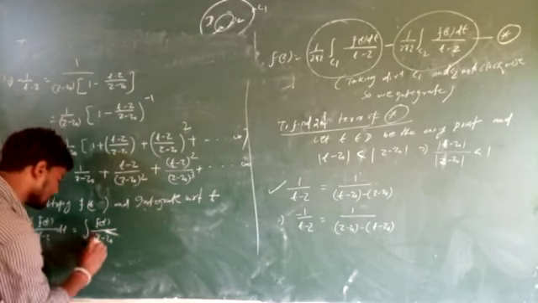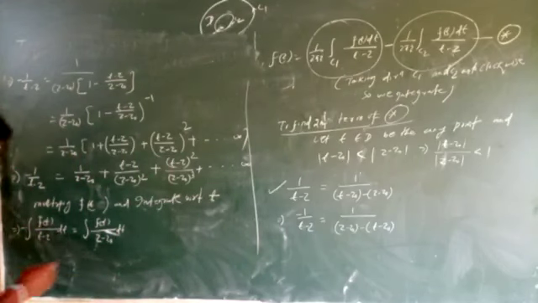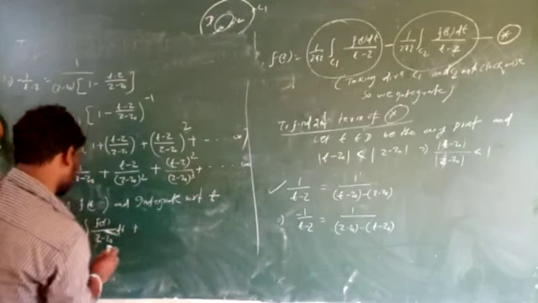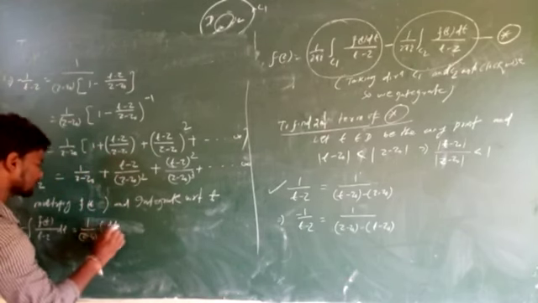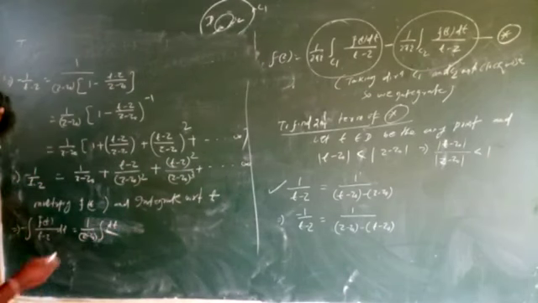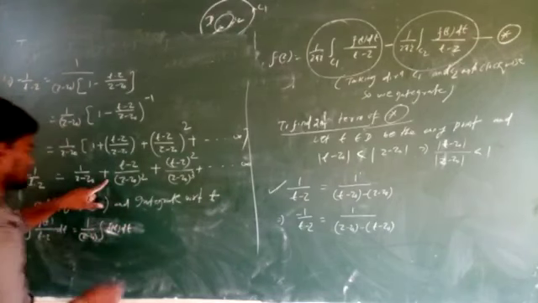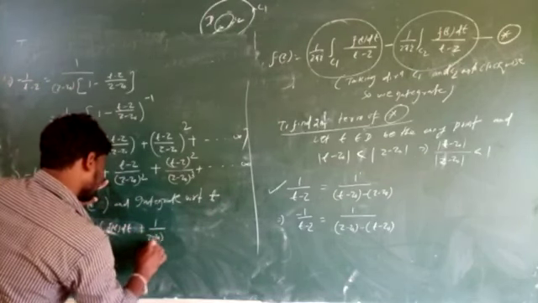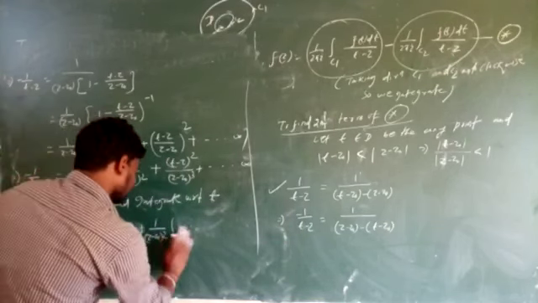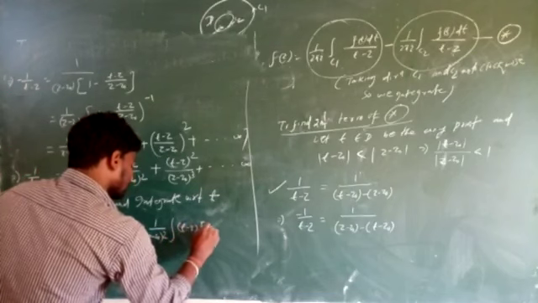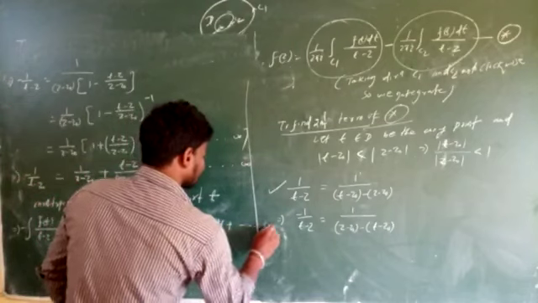Plus, since z − z0 is constant, take it outside: 1/(z − z0) times the integral of f(t) dt, plus 1/(z − z0)² times the integral of (t − z) f(t) dt, plus and so on.